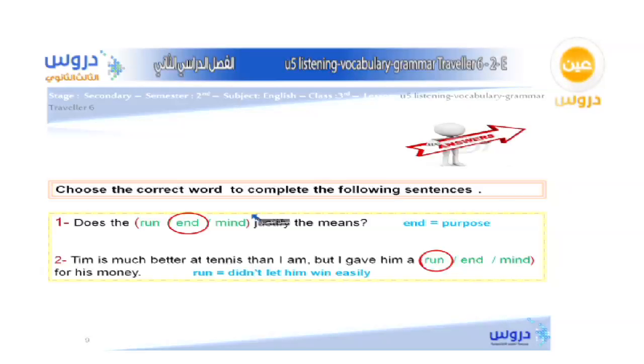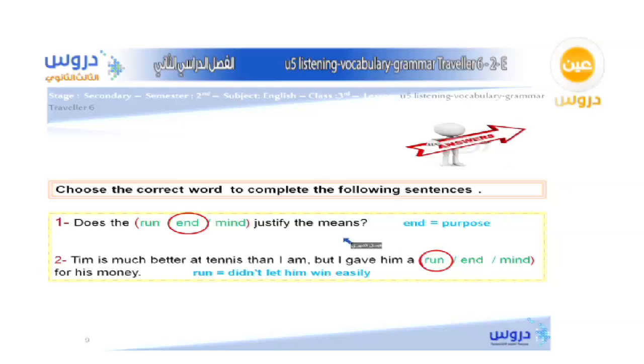What a nice try. I think you choose end for the first one and run for the second one, which is absolutely right. I'm going to give you 2 little stars. You deserve it.